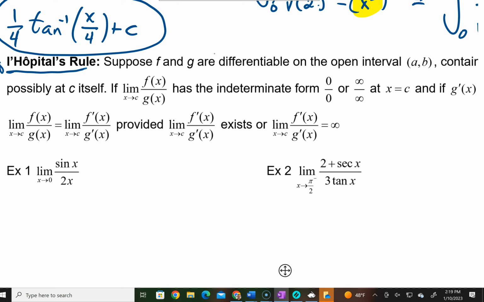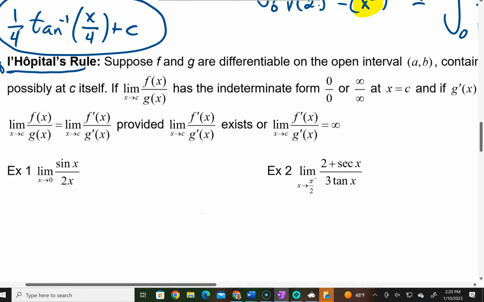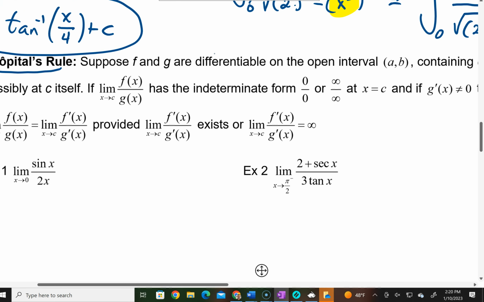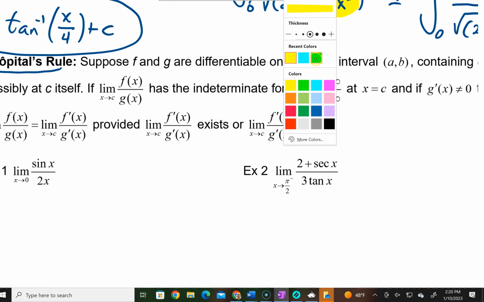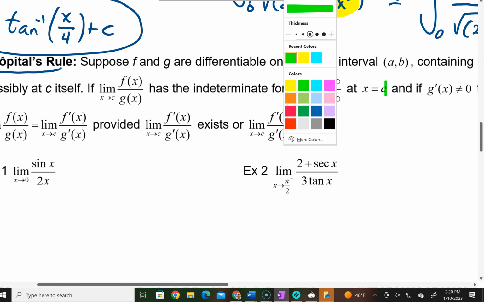So L'Hopital right here: suppose that f and g, you're going to have an algebraic fraction, a rational expression, one function divided by another. Suppose that you can take derivatives of them, perhaps not including a value at c where a limit is approaching, but let's just say that you were getting some indeterminate limits, 0 over 0, or plus or minus infinity over plus or minus infinity.